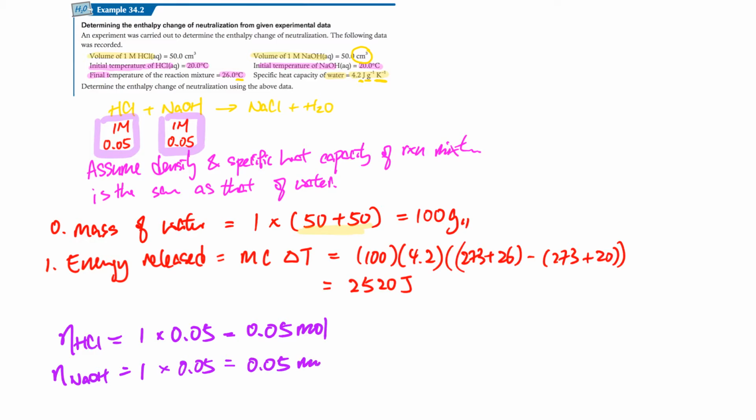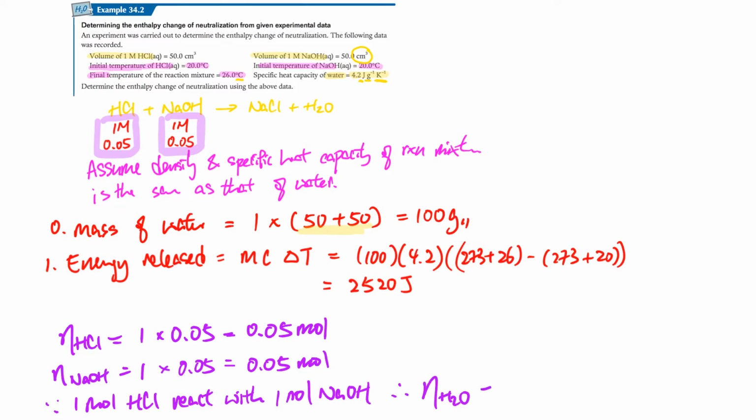So you can simply say, because 1 mole HCl reacts with 1 mole NaOH, therefore the number of mole of water will equal 0.05 mole times 1/1. That means 0.05 mole. So what is this? This one is the coefficient, the mole ratio, 1-to-1. This is 1, this is 1, 1-to-1.